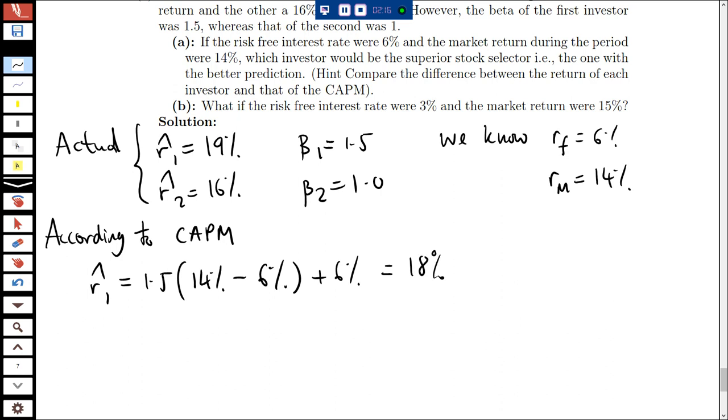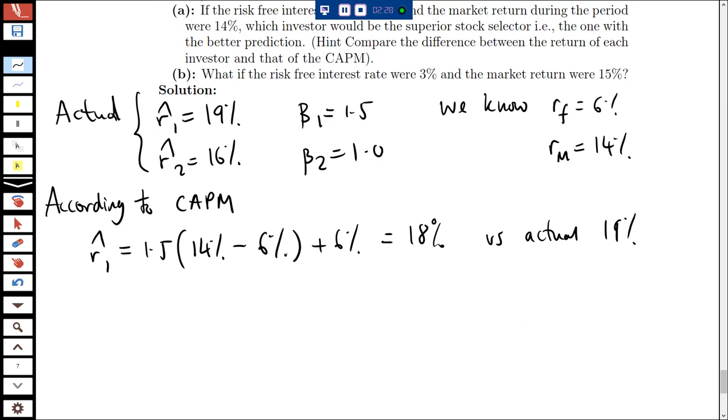So according to the model, the first investor should have got a return of 18%, but actually returned 19. That's pretty good.